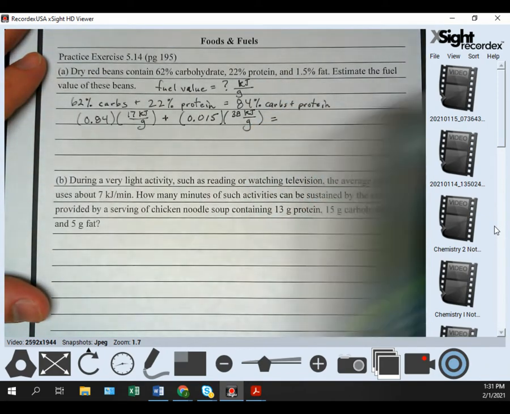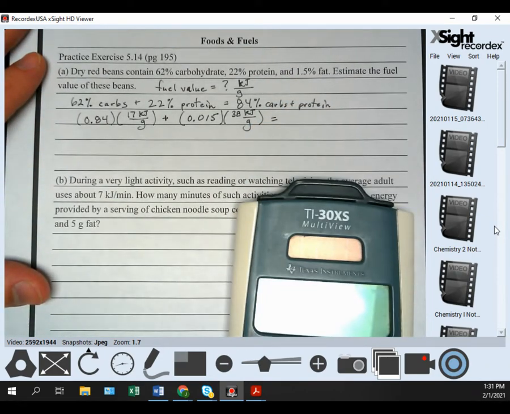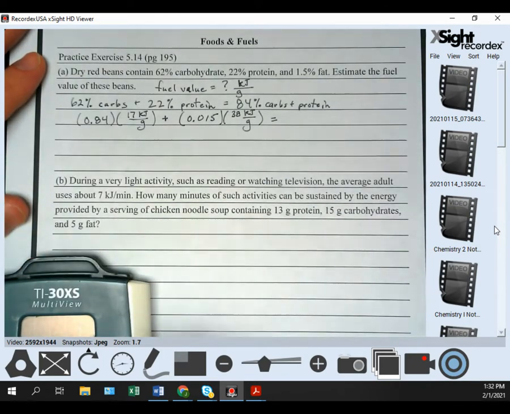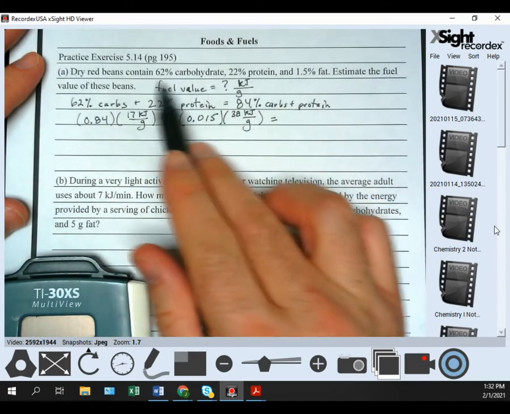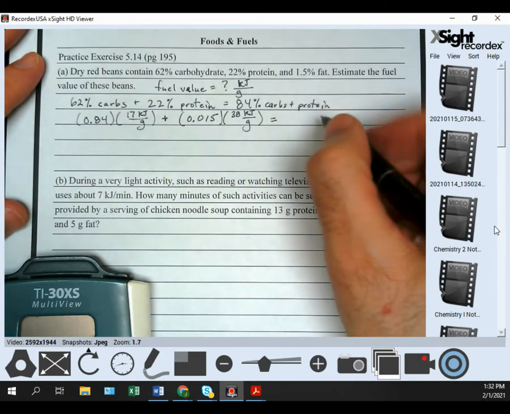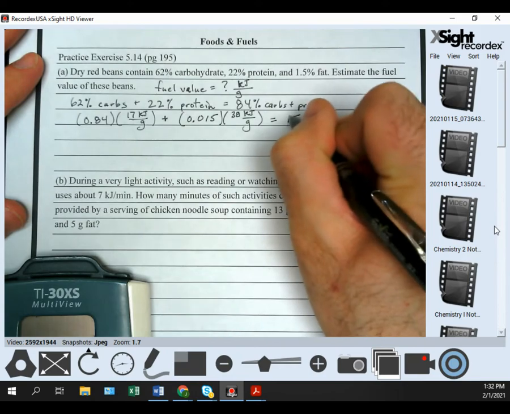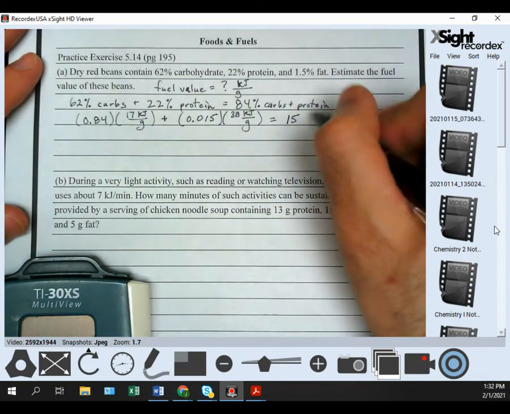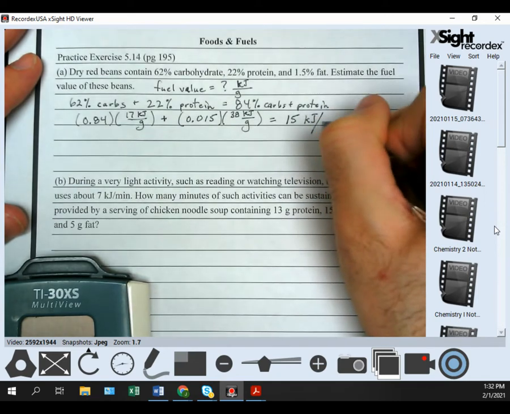Equals, I guess it would help if I... so it should be somewhere around, yeah. So significant figures, I did 2 from these, so it ends up being 15 kilojoules per gram.